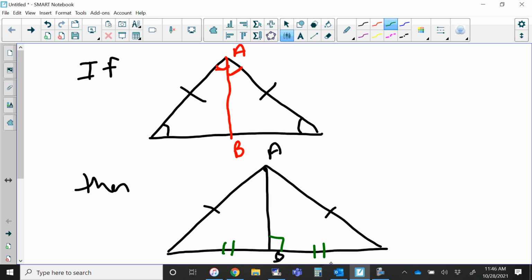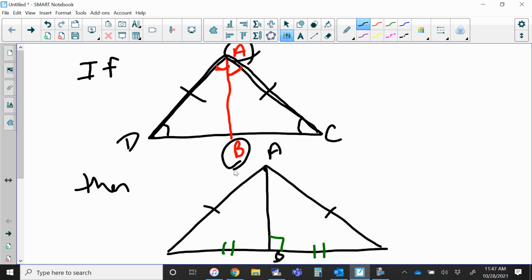When I say AB is an angle bisector, what am I talking about? I'm really talking about angle DAC, and I told you that AB line segment cuts that in half.